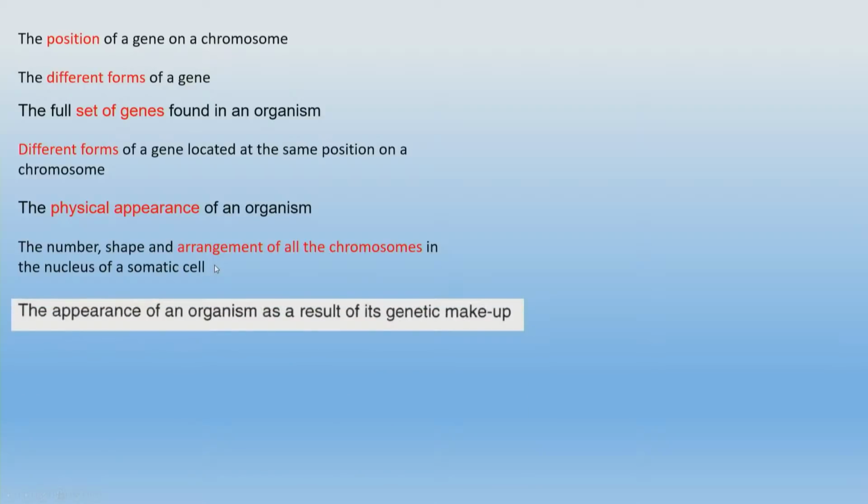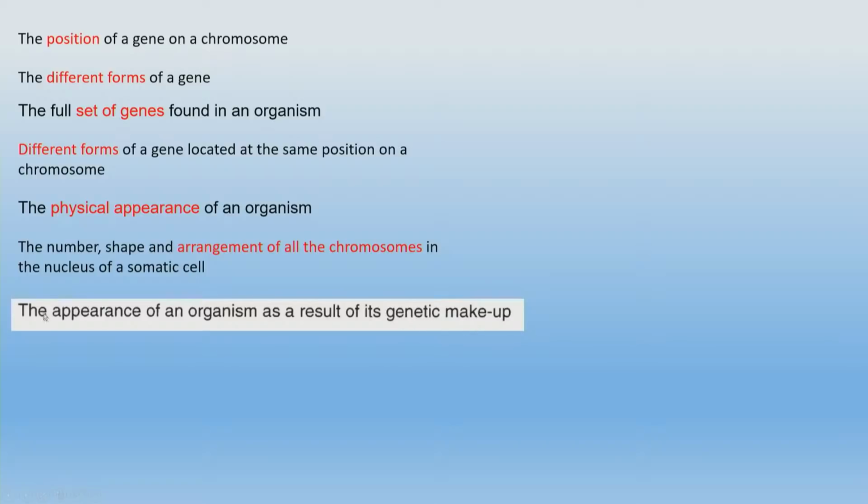And then the appearance of an organism is its phenotype, as a result of its genetic makeup, which is the genotype. So if this was left out, and they only asked an organism's genetic makeup, it would be genotype.